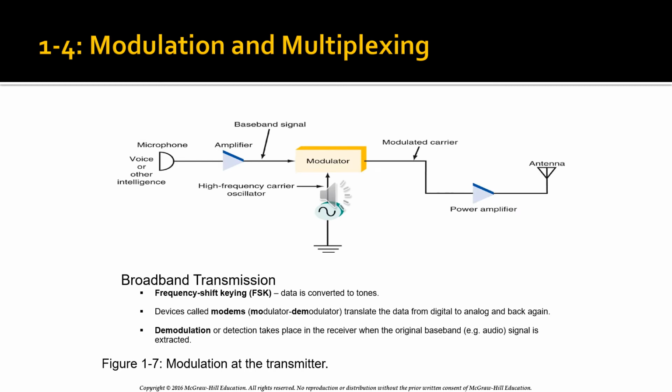When we look at a simplified model of communications, what we're seeing is some kind of input or intelligence, as you can see, towards the left-hand side, which is your microphone or voice.